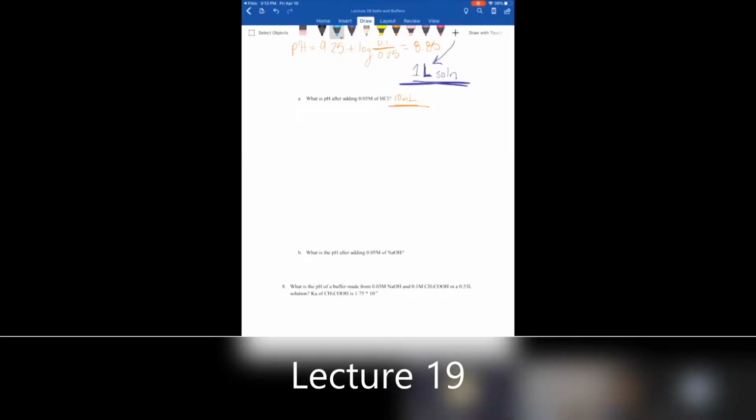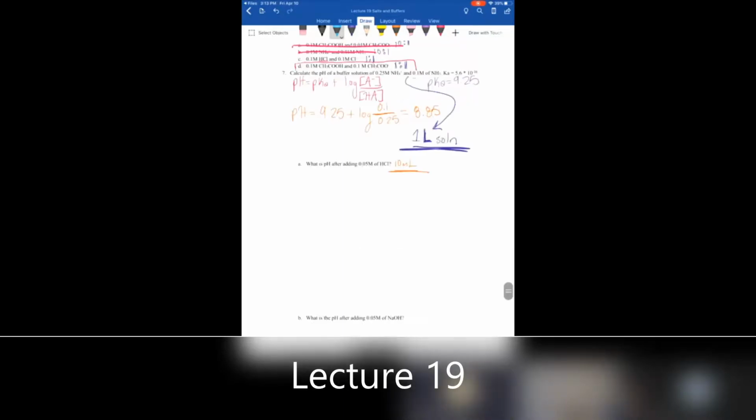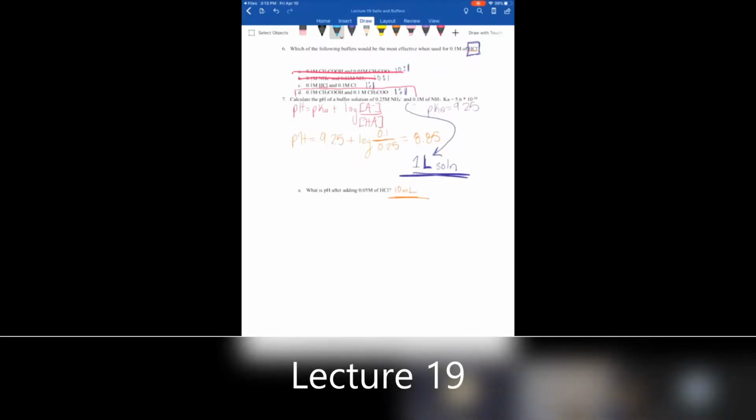What's next? You need to change things to moles to make the table. So what are your moles of NH4?